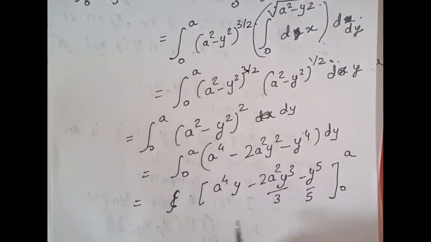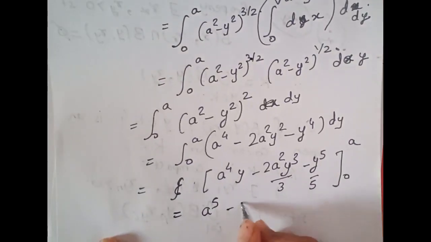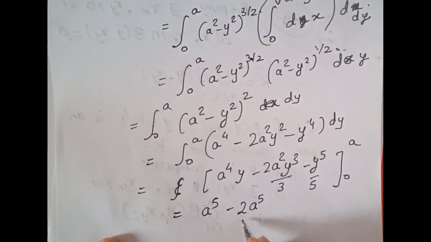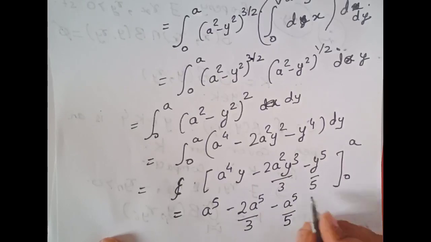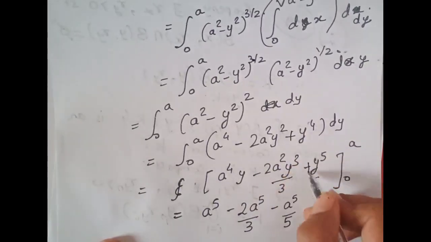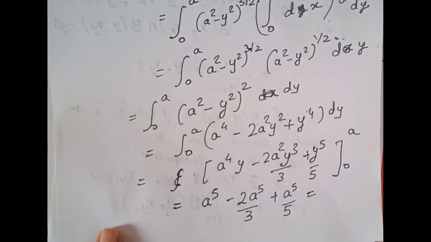And now putting upper limit minus lower limit, so this will be a raised to 5 minus 2 a raised to 5 by 3 plus a raised to 5 by 5. And doing some LCM and all, the answer is pretty simple. Okay, so we can evaluate it easily. Thank you.